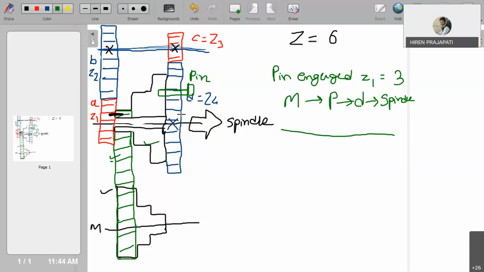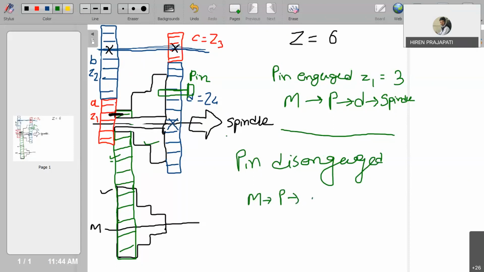So in this way, we again get three different speeds due to these back gears. Means three different positions of the belt with back gears, then again we get three different RPMs, right? So if the pin is disengaged, then motion transmission takes place from motor to pulley, from pulley to A, A to B, B to C, C to D, and from this to the spindle, right?